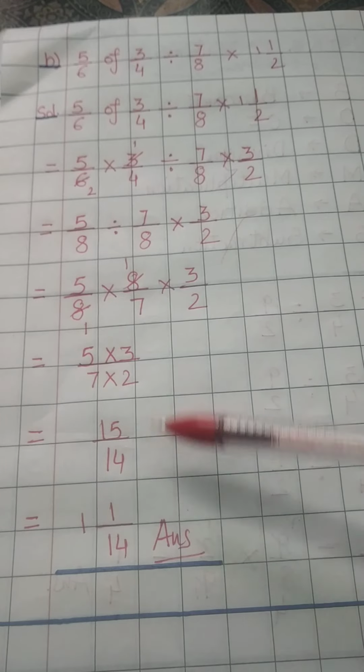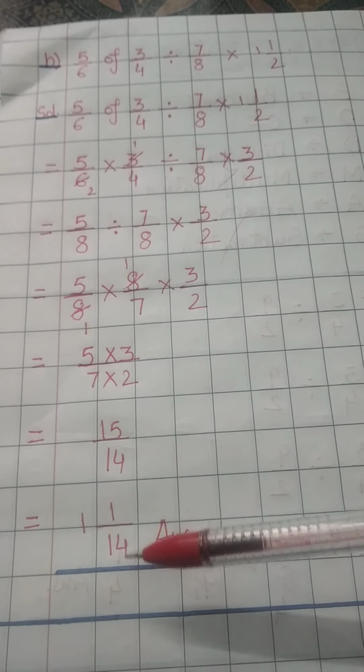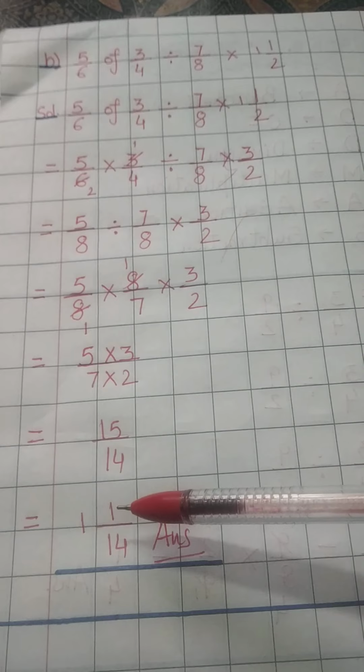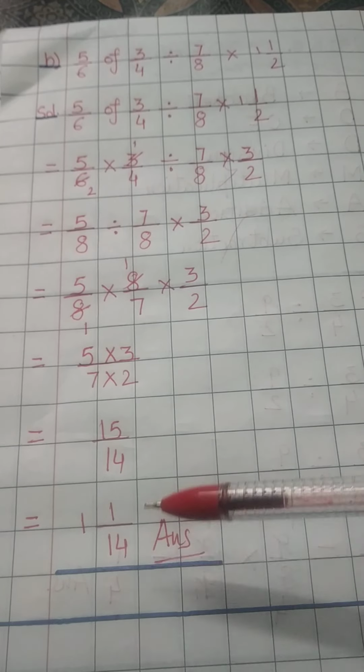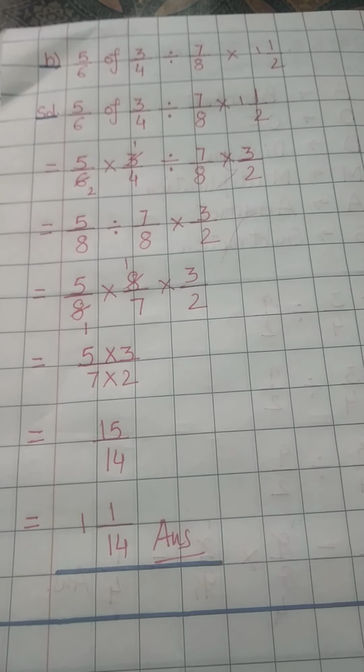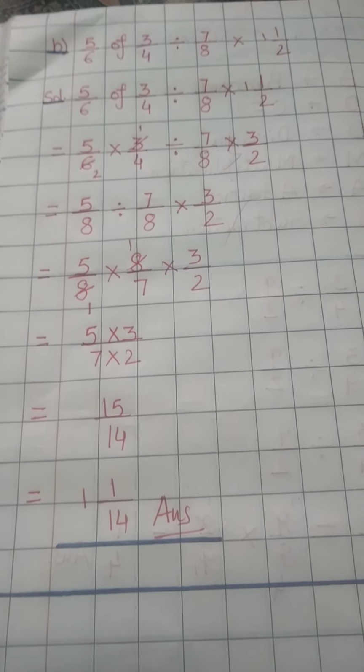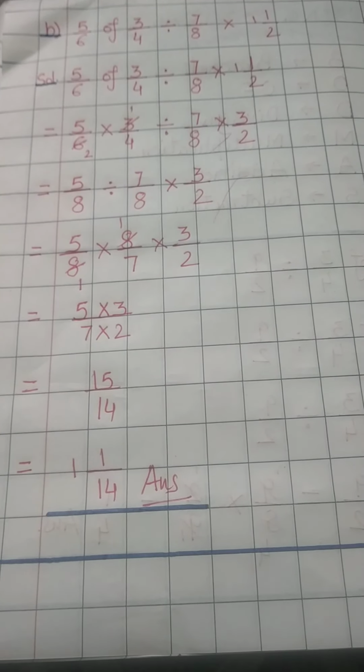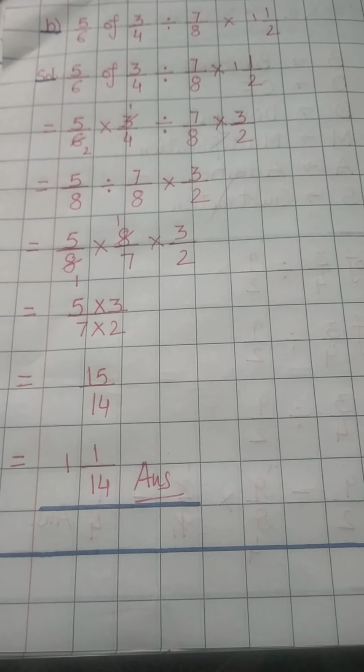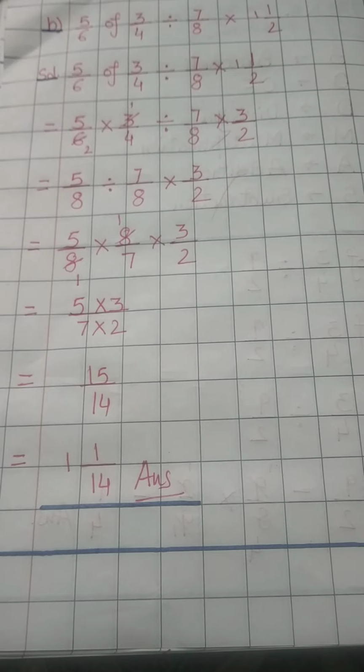This is improper, so I will change it into a mixed fraction: 14 1s are 14 and 1 remainder, so the answer is 1 and 1 upon 14. Look carefully at all the steps one by one, and please do this question yourself in your notebook. Then you will be perfect for attempting this question in your exam.